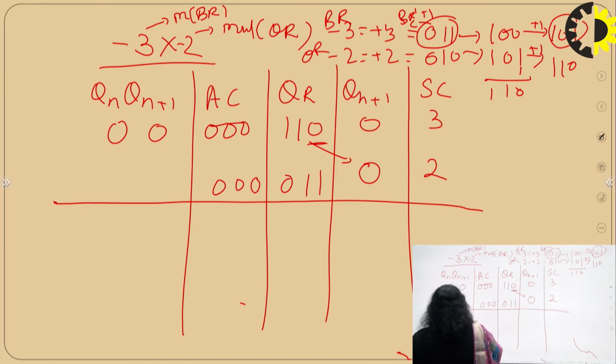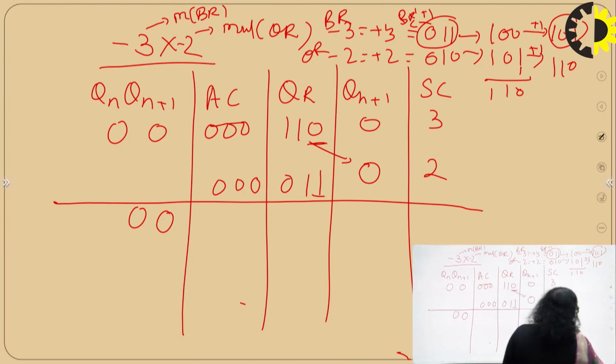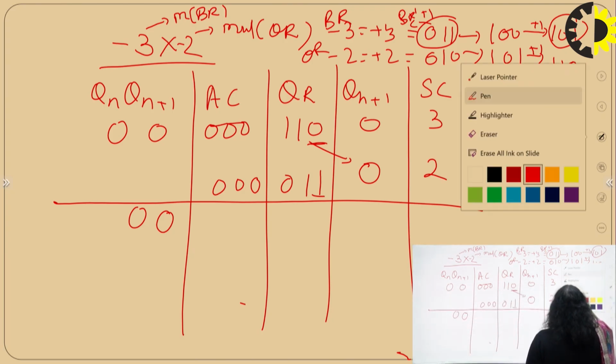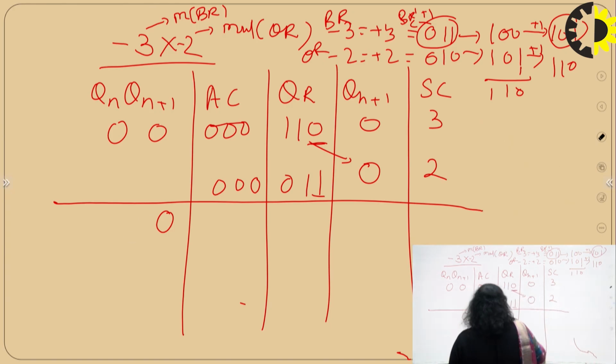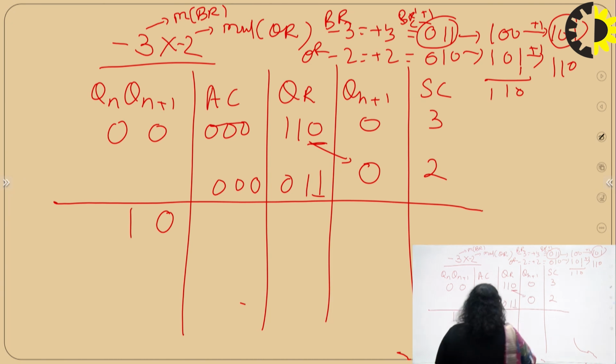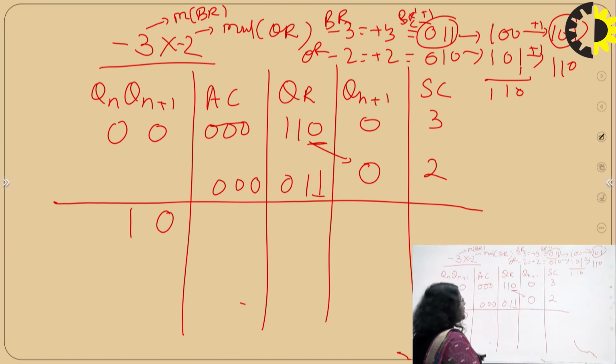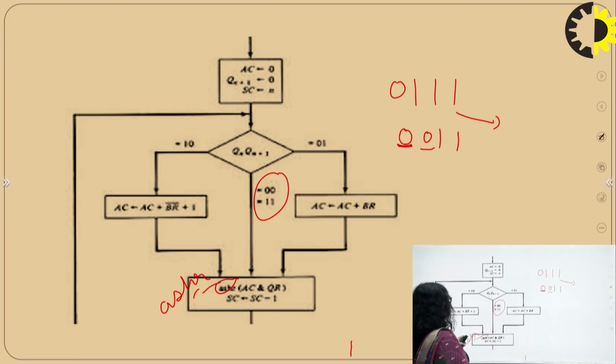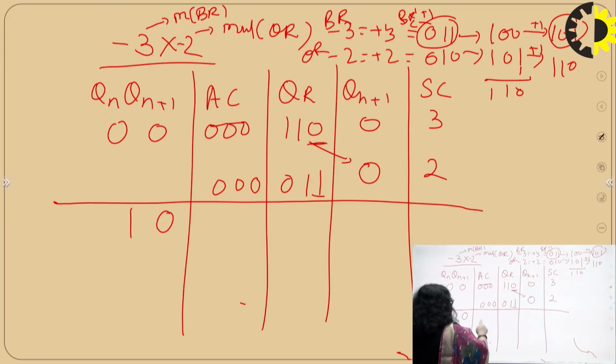The value of Qn plus 1 is again 0, and Qn is 1. So if the value is 1 0, then we have to do AC plus BR complement plus 1. So AC plus BR complement plus 1, it is 0 1 1.